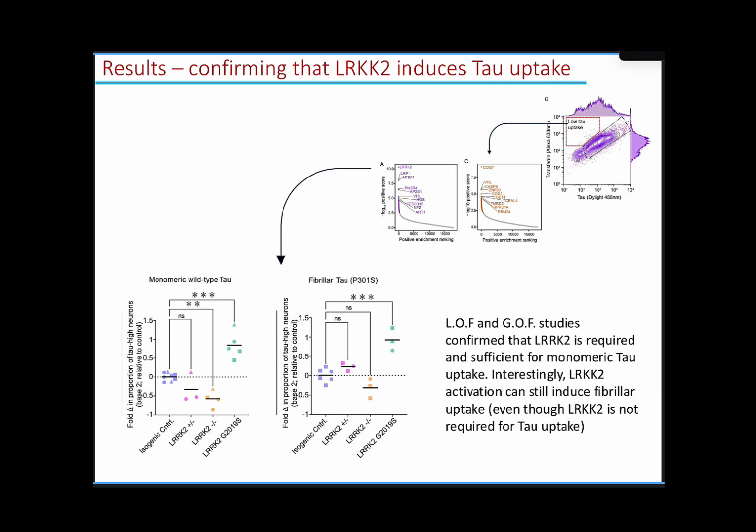So LRRK2 seems to be important for bringing in monomeric tau, but it doesn't seem to matter for bringing in the fibrillar form. Okay, and that's probably why LRRK2, that's hard to say many times in a row, is not here.